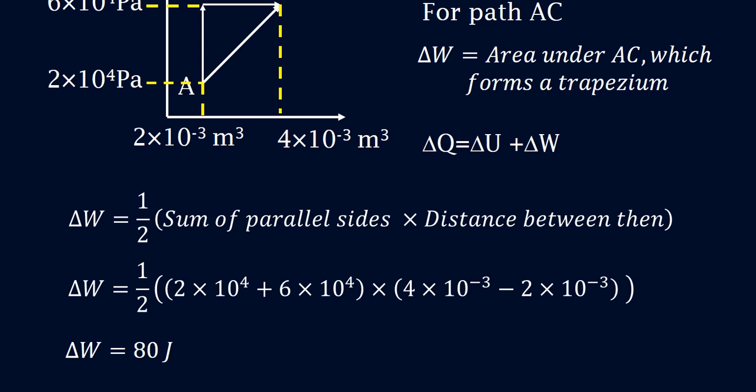On simplifying it, we get delta W is equal to 80 joules. Substituting the values of delta W as 80 and delta U as 320 in the equation for first law of thermodynamics, we get delta Q is equal to 400 joules.